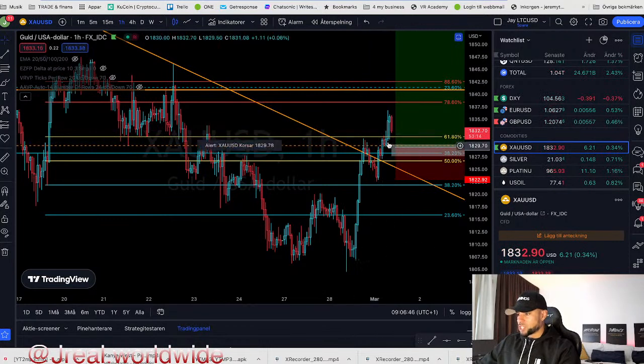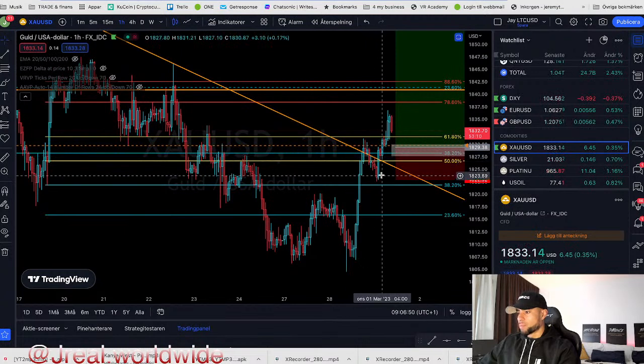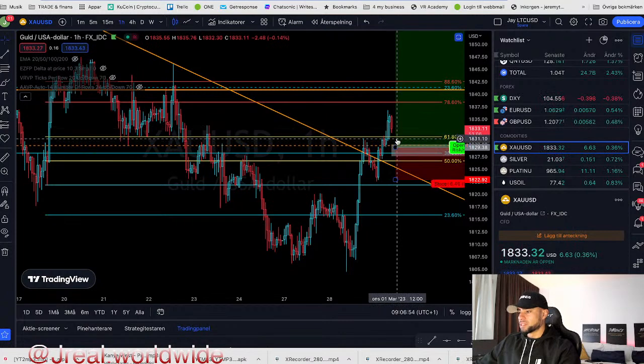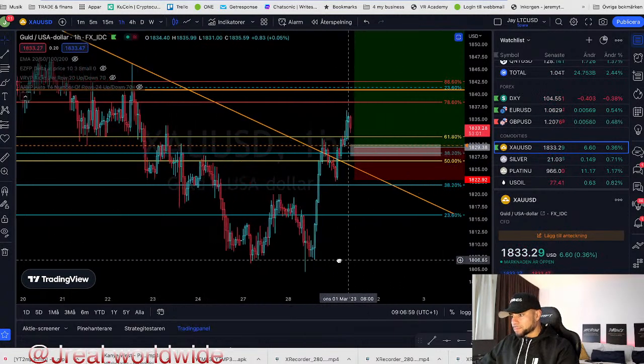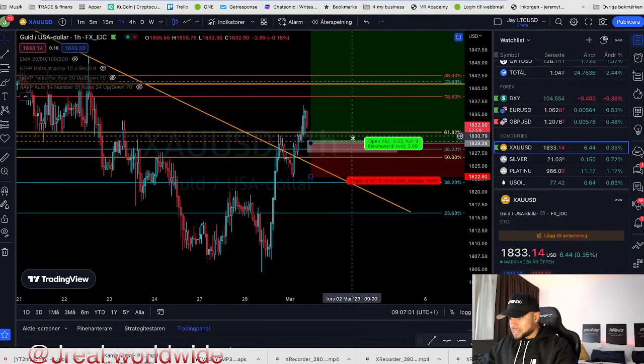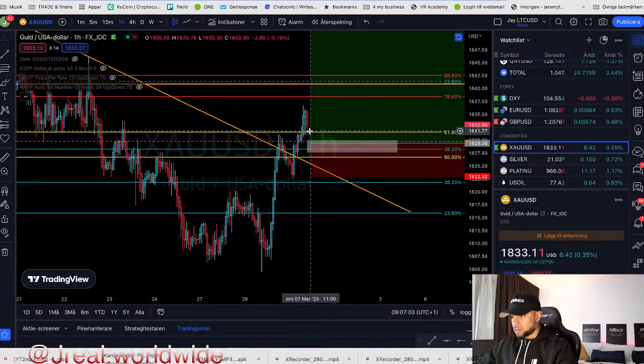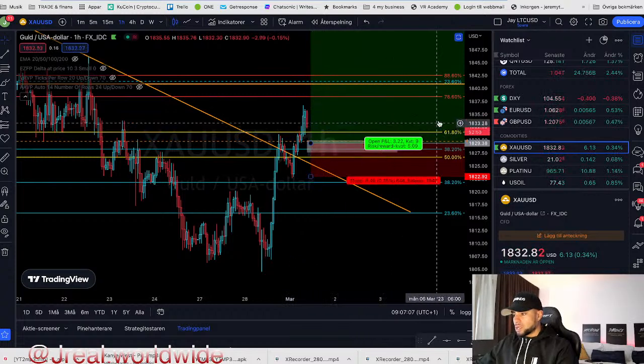Right now we're playing with the sweet spot, as you see. Acted as resistance first, a little bit support, broke beneath, broke above again, support, resistance, now we're above it. I think we will come down and retest it. So there's a very big chance actually that the market comes down here to 1831 and bounces off that zone.